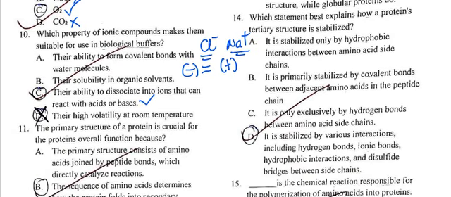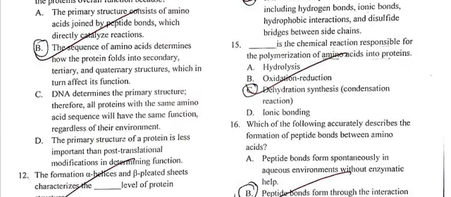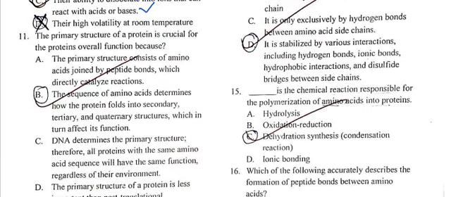We go to question 11. They're saying the primary structure of a protein is crucial for the protein's overall function because... One thing that you must understand whenever you're dealing with proteins, those stages of protein folding, protein structure, and other things, is this: whenever you're talking about primary, the primary determines how the protein is going to fold.